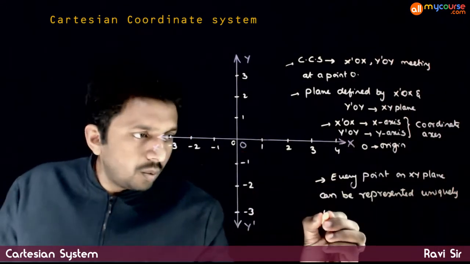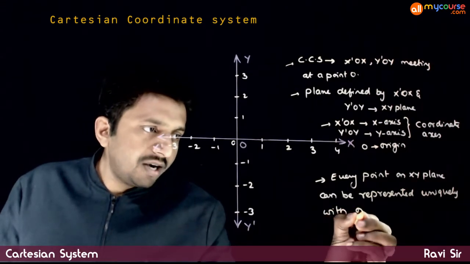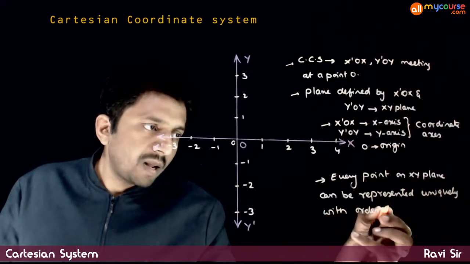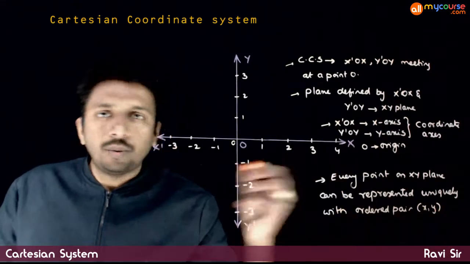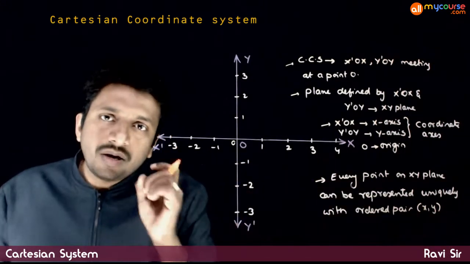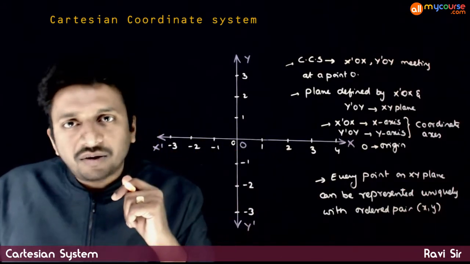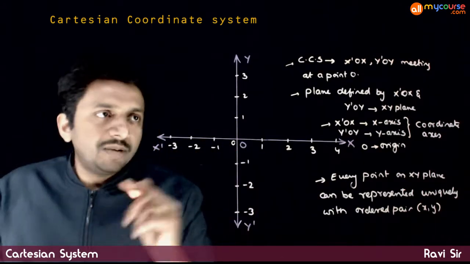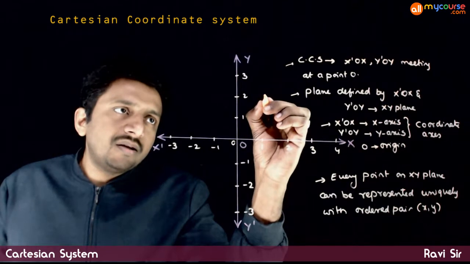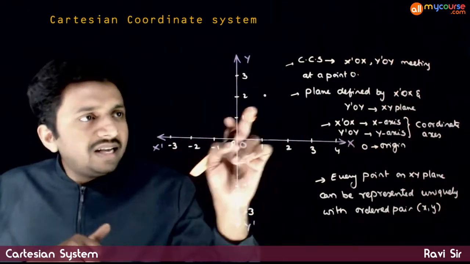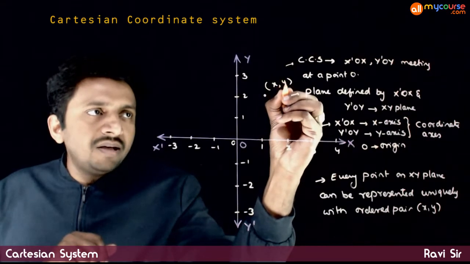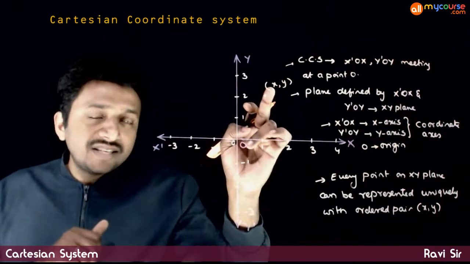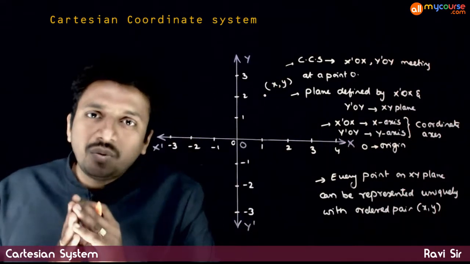The ordered pair x comma y, where x is called the x coordinate of the point and y is called the y coordinate of the point. That means if you take any point on the xy plane, it corresponds to a unique ordered pair x comma y.